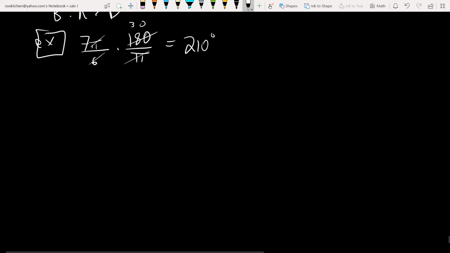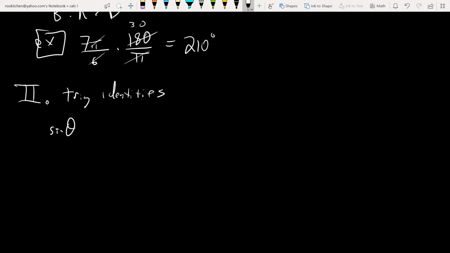Trig identities I expect you to know and have memorized at this level. You need the trig functions as ratios of sides of right triangles. The sine of theta is opposite over hypotenuse. Cosine of theta is adjacent over hypotenuse.